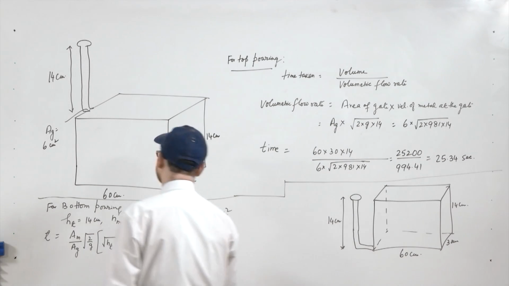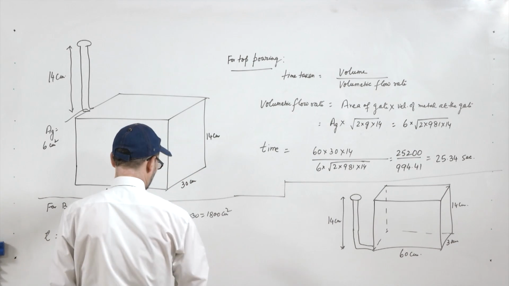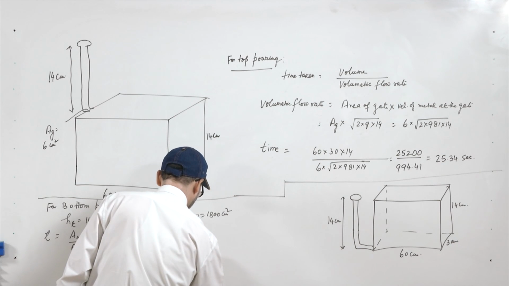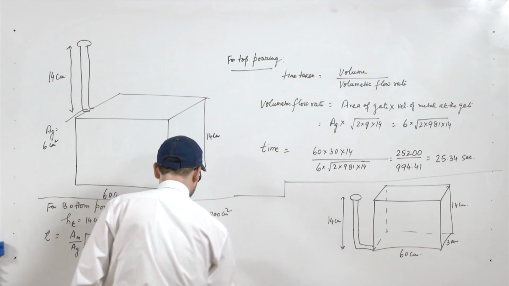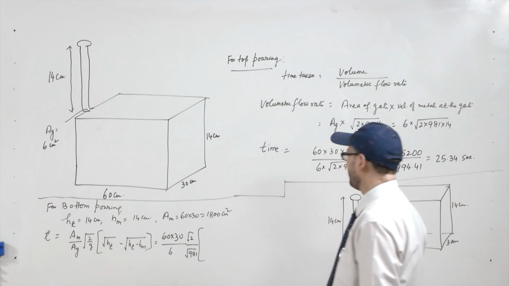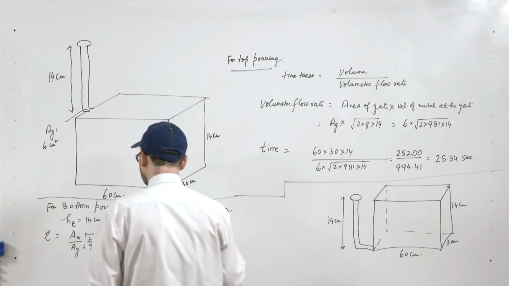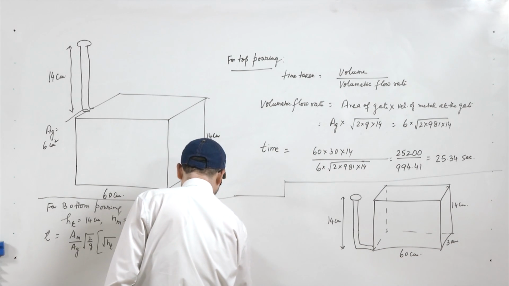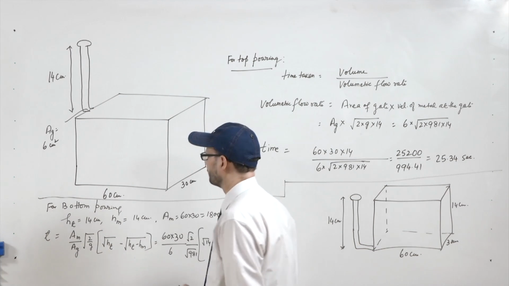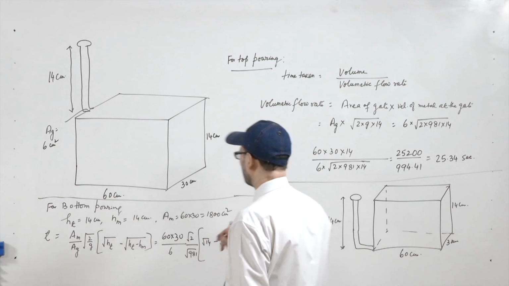Then AG is given as 6, then under root 2 upon under root 981, that is under root 2 by g, then root HT, so root 14 minus root HT minus HM. So, HT and HM are same, so it will be 0.